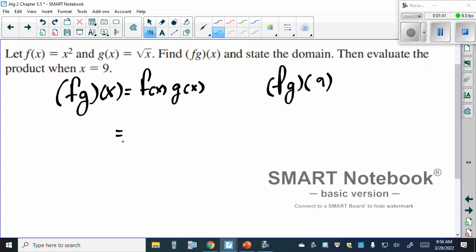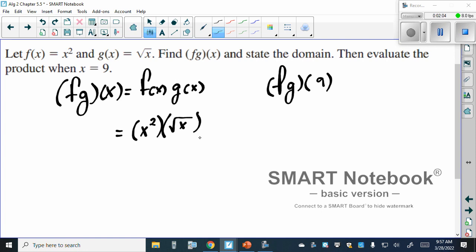Now for us here, the function f of x is x squared, and our function g of x is the square root of x. And we're going to be multiplying these two functions together.